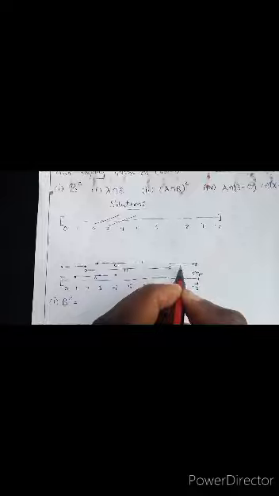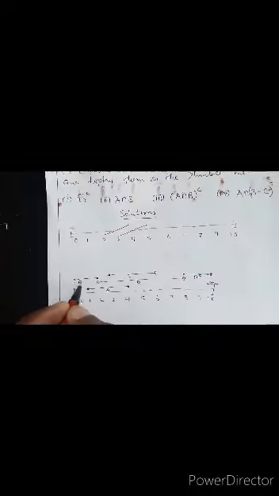This is our B complement because we are interested in anything that is outside B. You know that B is this, so whatever is outside B is our B complement. So B complement is [0, 2] union [8, 10]. So this is our answer.